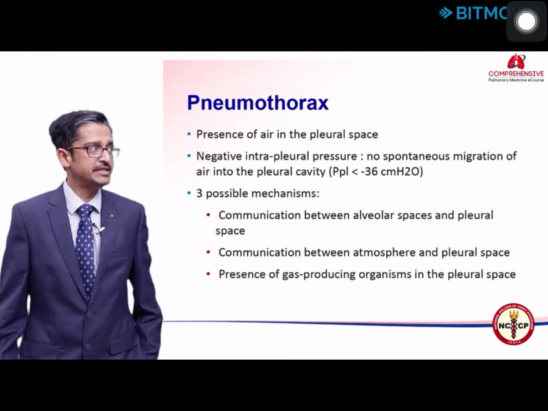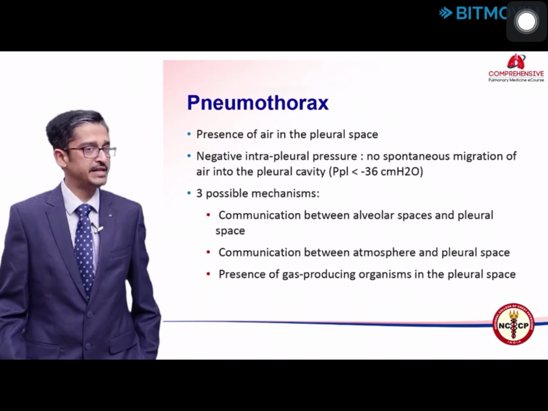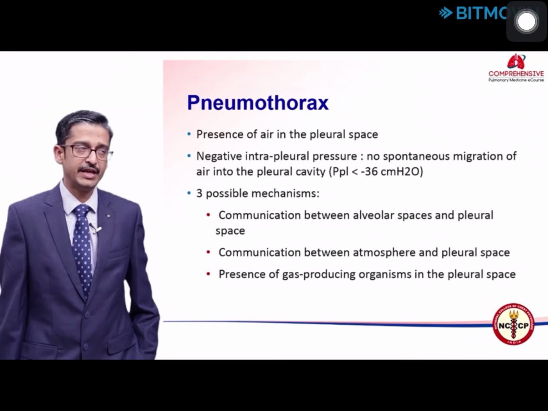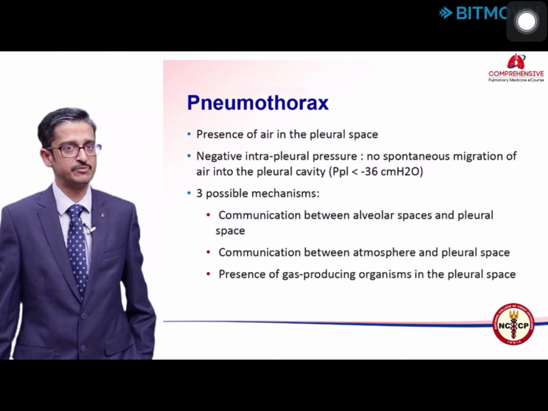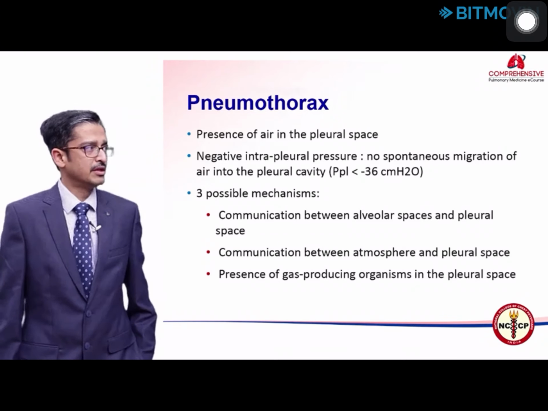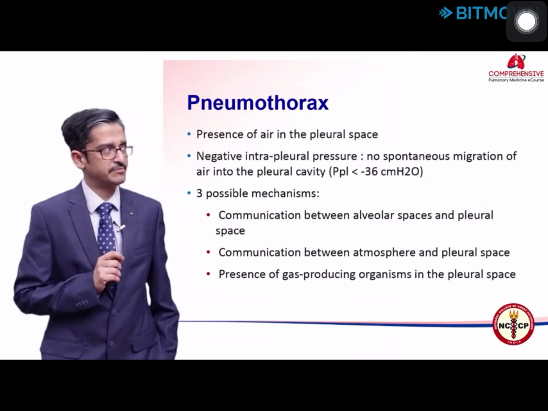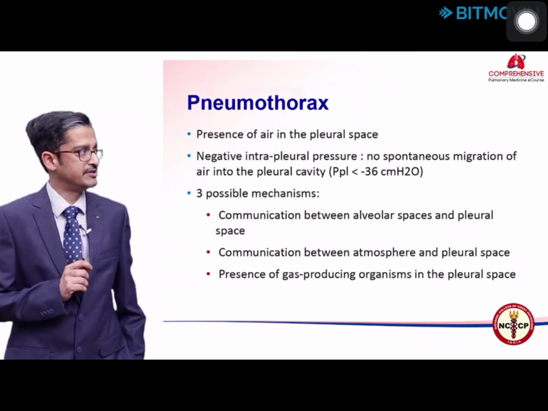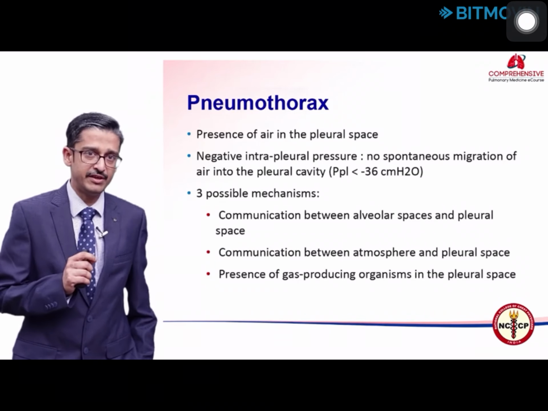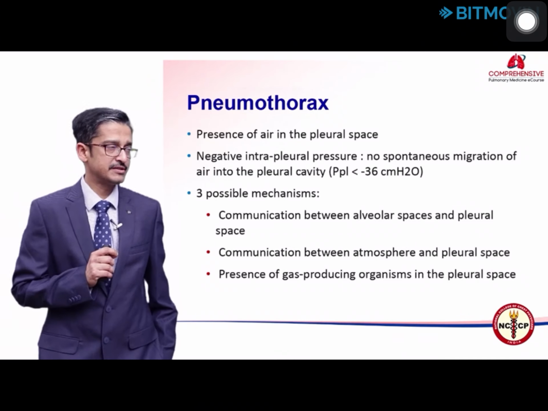Now, the negative intrapleural pressure ensures that there is no spontaneous migration of air into the pleural cavity, because the pleural cavity has a negative pressure of 36 millimeters of water. Hence, when you think about it, there can be three possible mechanisms by which air can leak into the pleural cavity. First, if there is a communication between the alveolar and the pleural space.